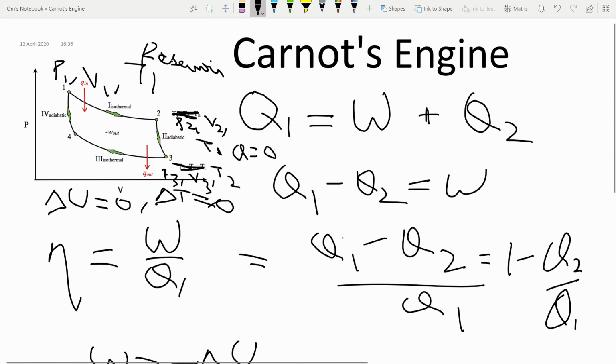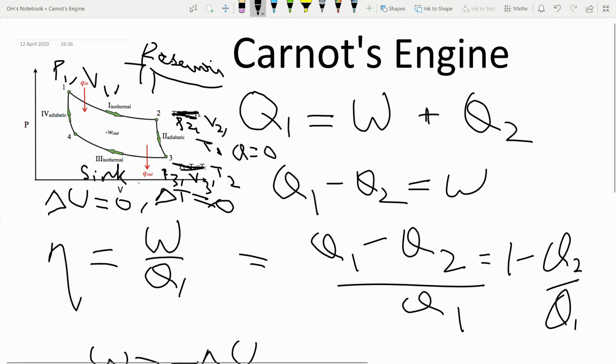Now I mentioned that there's a reservoir up here, but I can't find my mouse. Yeah, so I mentioned that there's a reservoir over here. That is, no matter how much heat energy you give it, its temperature will not change. The temperature will remain constant. Similarly speaking, there is a sink over here.